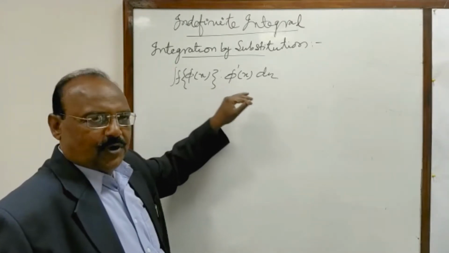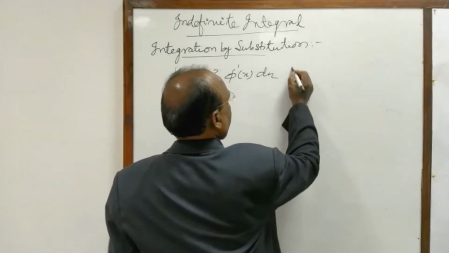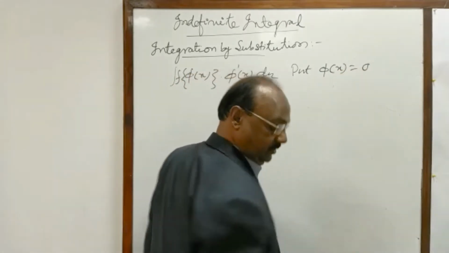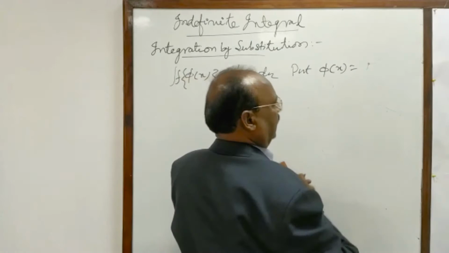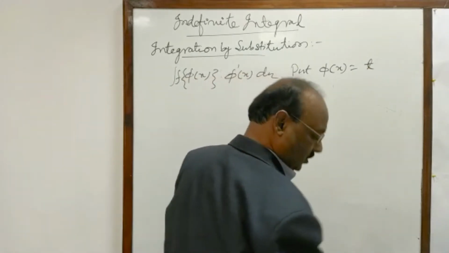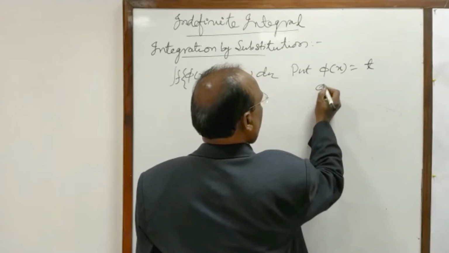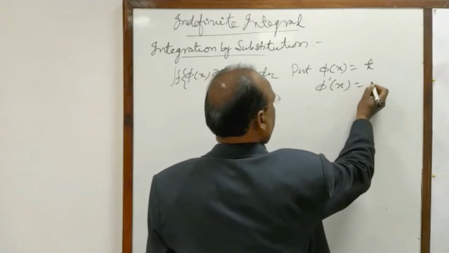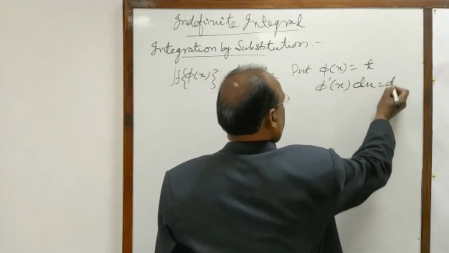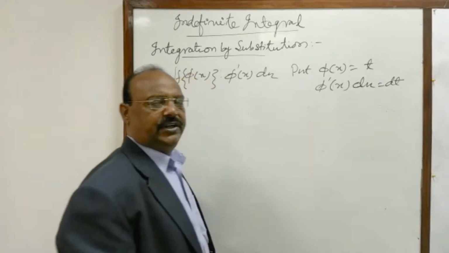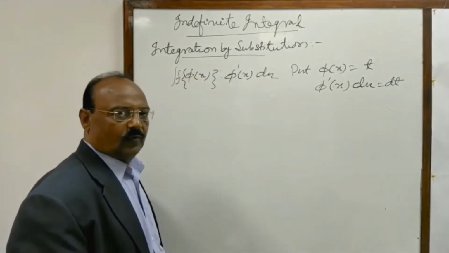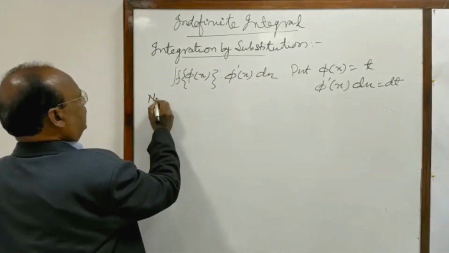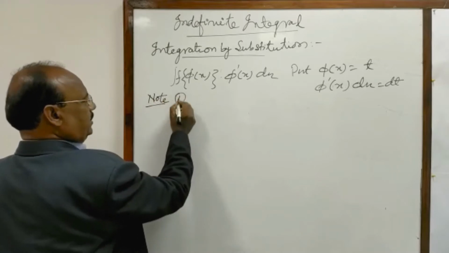So in this type of problem we will put phi x is equal to t, so that after differentiating both sides we get phi dash x dx is equal to dt. And we have to take care of some different cases, so please take note of a few points.